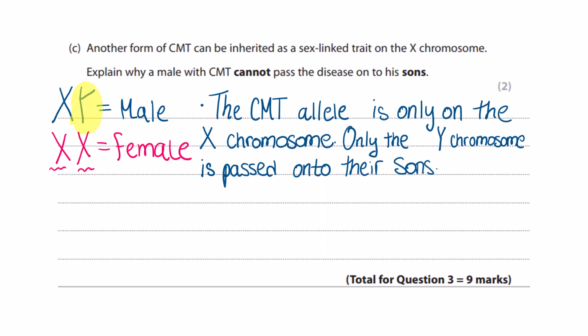Okay, so another form of CMT can be inherited as a sex-linked trait on the X chromosome. Explain why a male with CMT cannot pass the disease on to his sons. A male has XY chromosomes and the CMT is only carried on the X. His sons are going to be XY, meaning that the male is only going to pass down the Y chromosome.